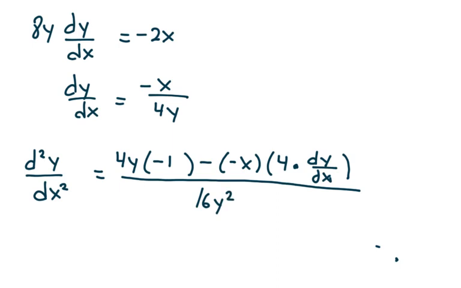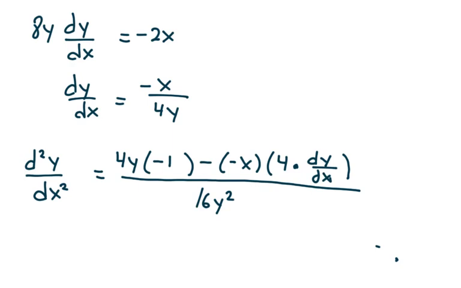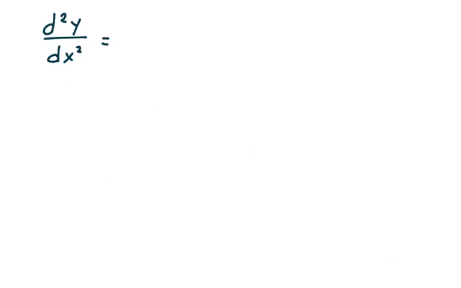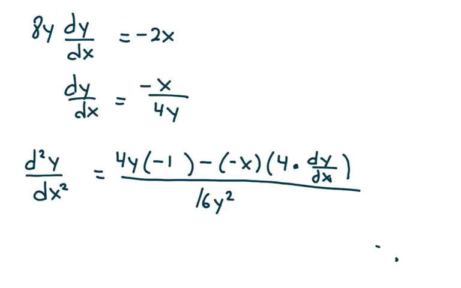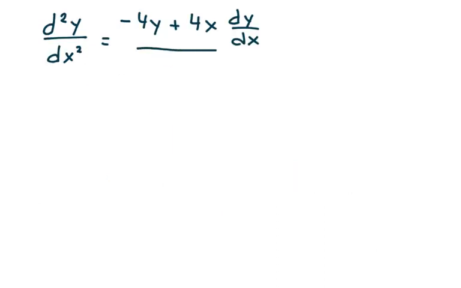So in other words, I'm going to divide by the bottom function squared. So if I take the second derivative of y with respect to x, I get negative 4y plus 4x dy dx. When you subtract a negative, you add. And I'm going to divide by 16y squared.